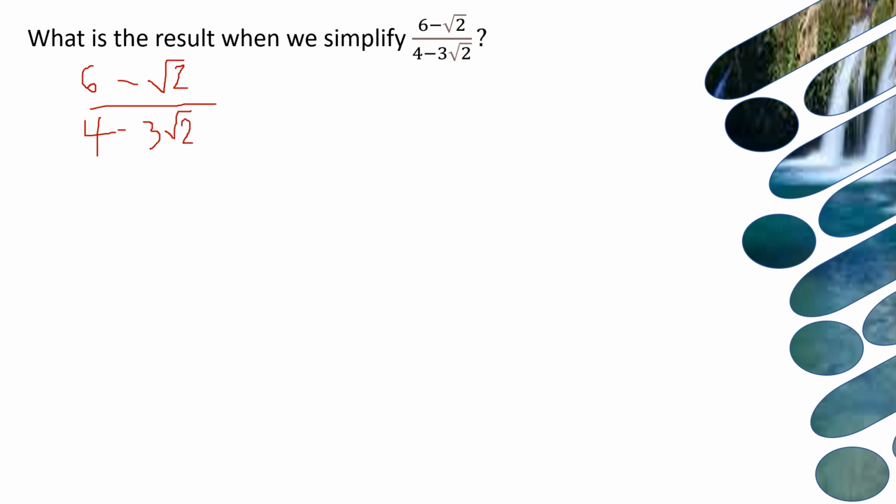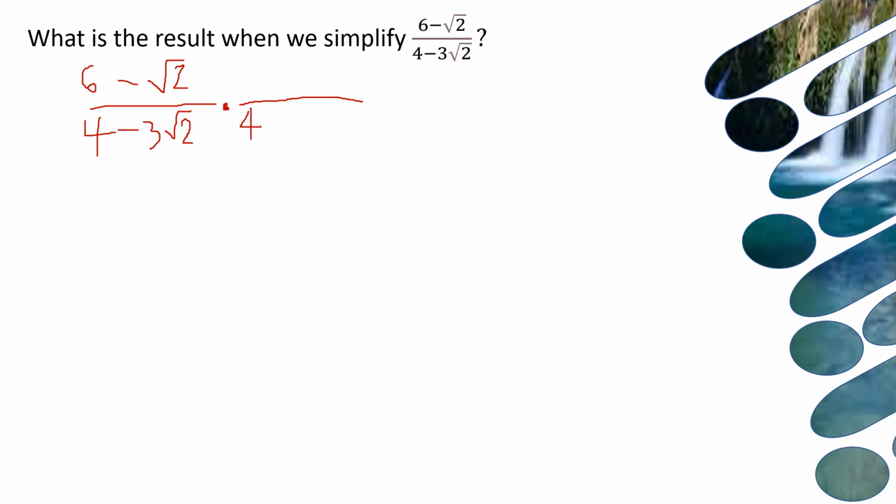To simplify this, since the denominator involves radicals, we rationalize them. In rationalizing expressions with subtraction or addition as its operation, we have to multiply conjugates.